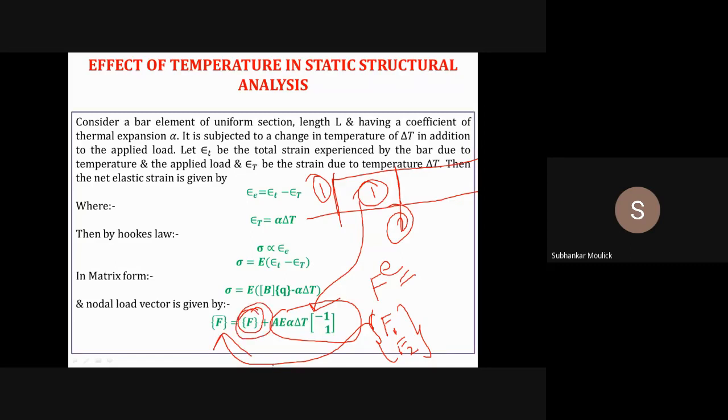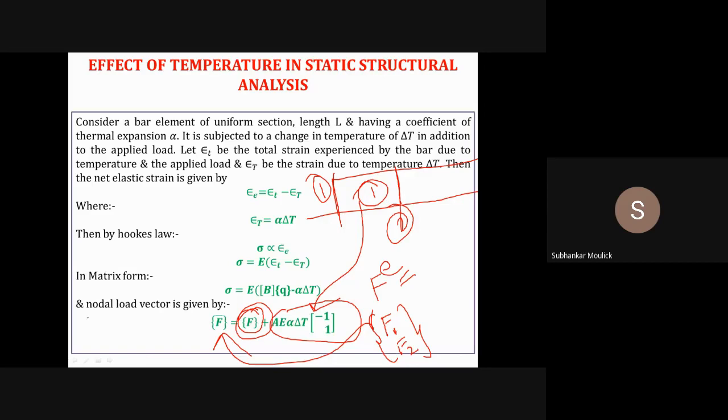If it is present in any node, I will take it. If it is not present, I won't take it. Plus this particular expression, that is A into E alpha delta T, a 2 cross 1 matrix, minus 1, 1. So by this expression, we can find out the nodal force vector present in any element when that element is subjected to some thermal kind of stress.